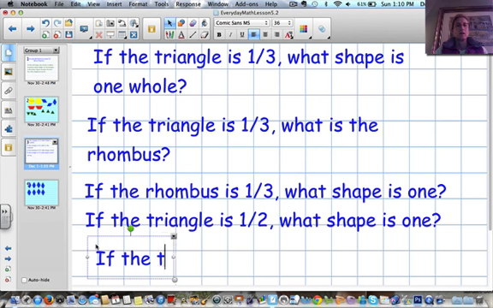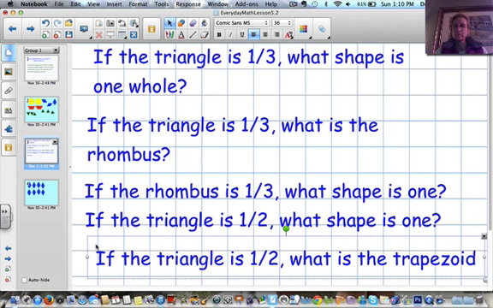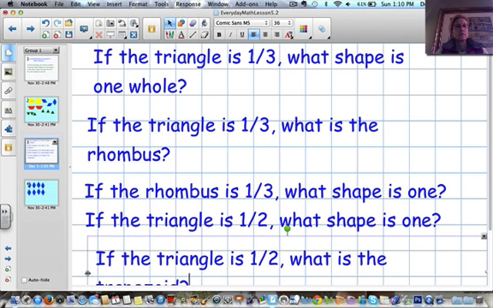If the triangle is 1/2, what is the trapezoid? Let's see if I can make that fit on the same line.